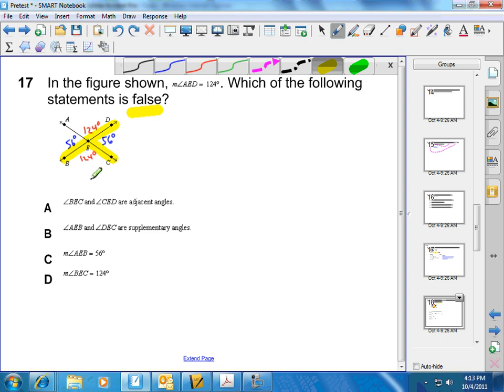And then now we're talking about angle AEB. Okay, look at answer choice B, AEB and DEC. It says, are they supplementary? That means they have to add up to 180. And we've got 56 plus 56, which is what, 112? Okay, so they are not supplementary. So B is false.